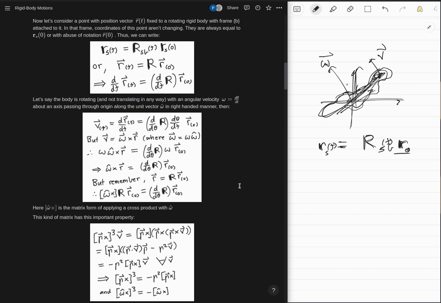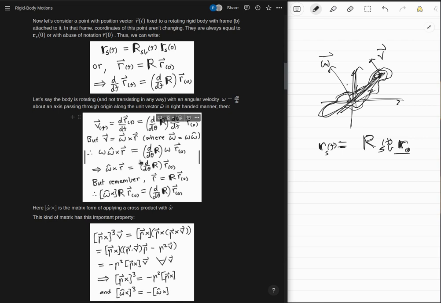What that means is that this is actually a general equation: this operation of cross multiplying with omega hat is the same thing as multiplying by this matrix. Now here's going to be something crazy. We actually write this operation as a matrix itself. So say you want to take a cross product with some certain vector, you can think of that operation itself as a matrix.